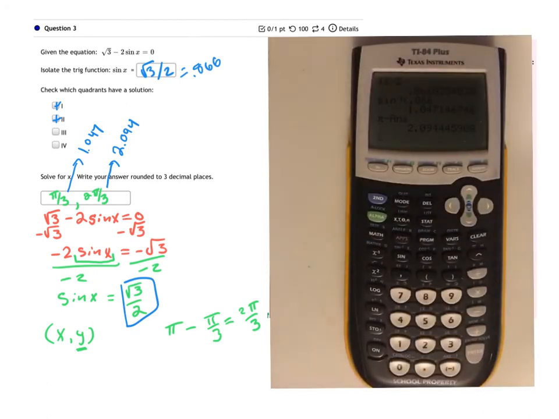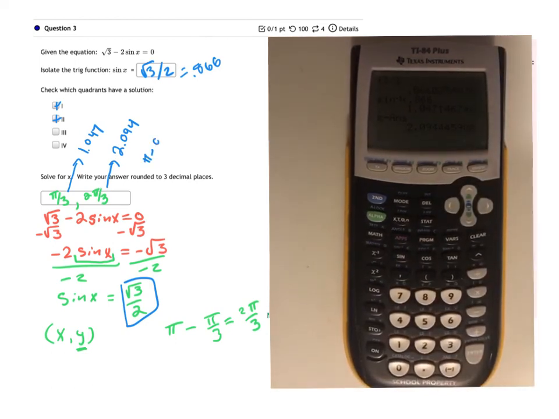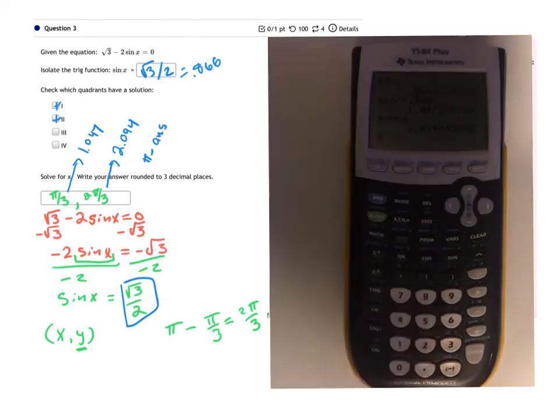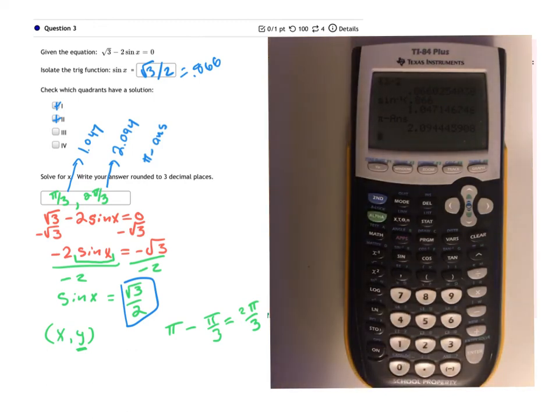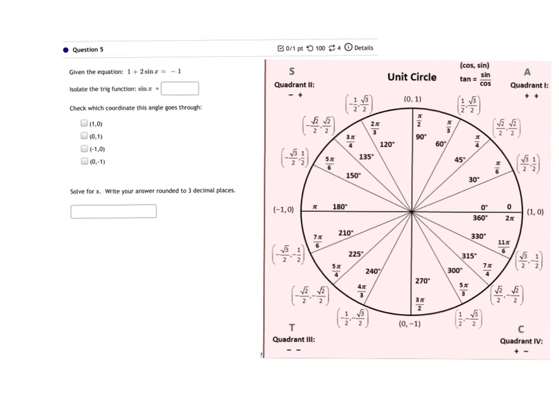And that's how you do sine. So sine is just the answer from your calculator, and then pi minus the answer from your calculator. And cosine, going back to that one more time, is just your calculator answer, and then the opposite of your calculator answer.